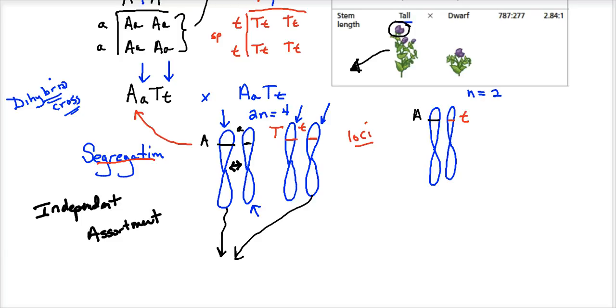Well, what's another possibility? We did the first and third. What's another equally likely possibility here? How about the inner 2? How about these 2 would separate, segregate in anaphase of meiosis, and of course come and make a gamete.